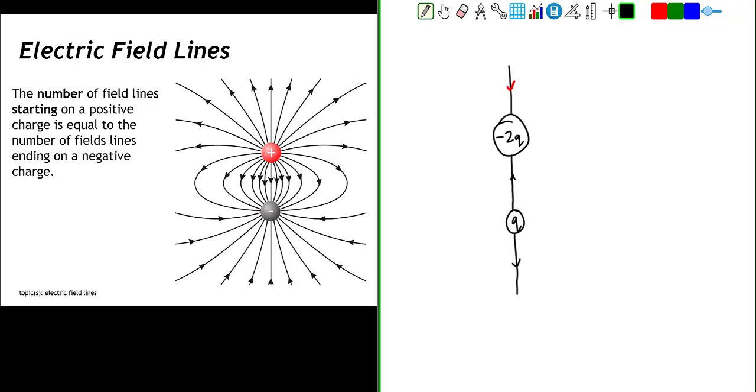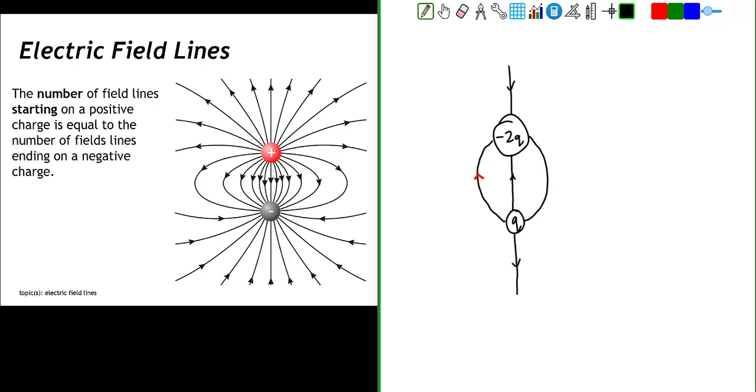I'm going to draw double the number of field lines from 2q as from q. So let's do another one. Might look something like this. I don't know for sure because I don't have my test charge probing. But let's say it looks something like that.